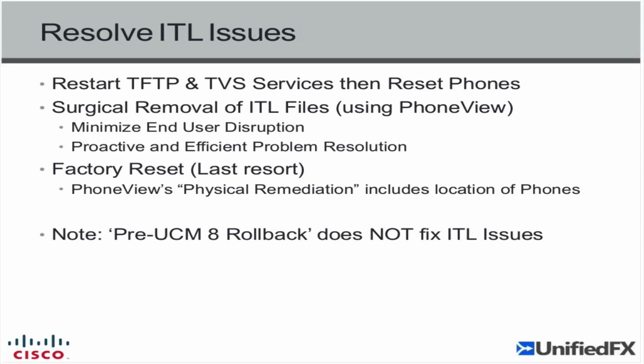There have been enhancements since 8.0 to the latest versions, in 8.6 and onwards, where some of these mechanisms are done automatically, or you're warned better in the communications manager interface if you have to restart a service. Because if you didn't do it, you might actually have an ITL problem, and the easy fix is just to restart a service rather than having to go around and delete all the ITL files, which can be quite painful in some situations. That's the first port of call.